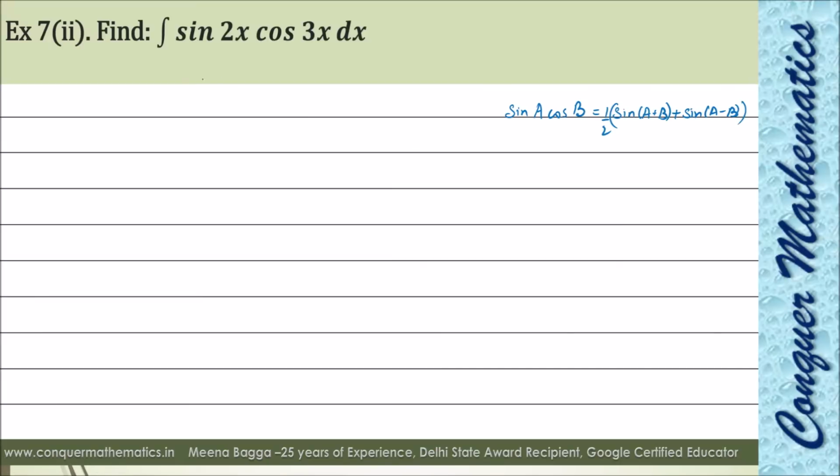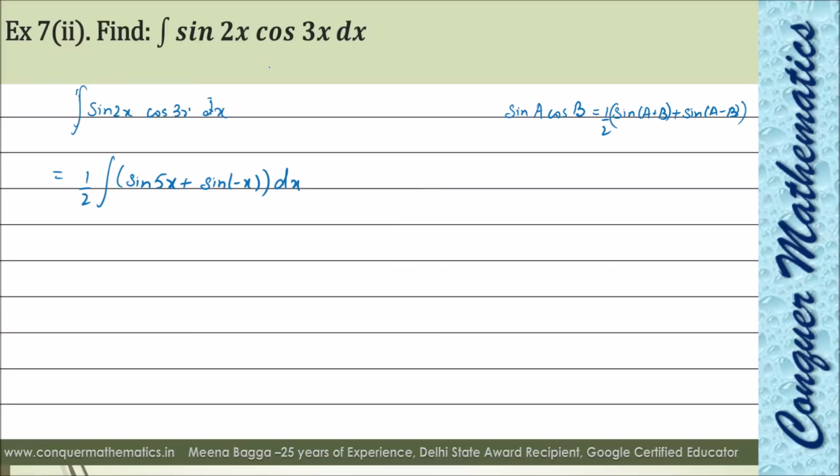So integral of sin 2x cos 3x would be half, I'm taking it outside, sin 2x plus 3x means 5x plus sin 2x minus 3x means minus x.